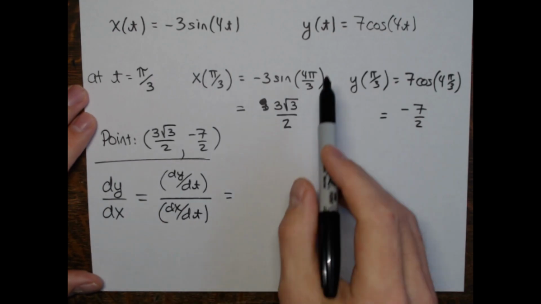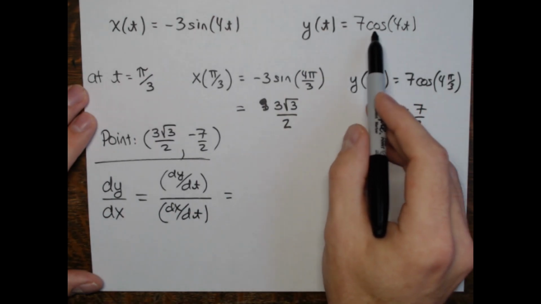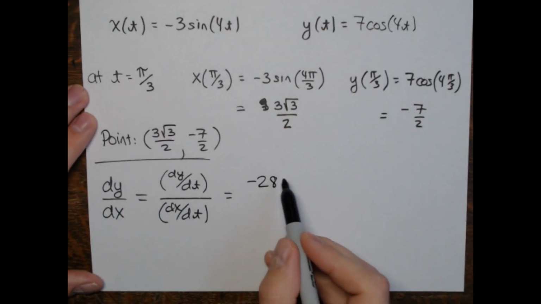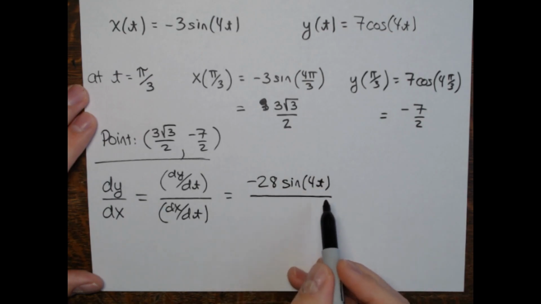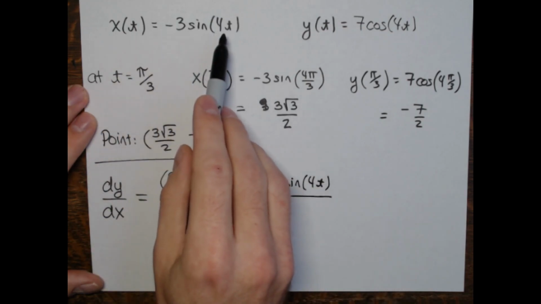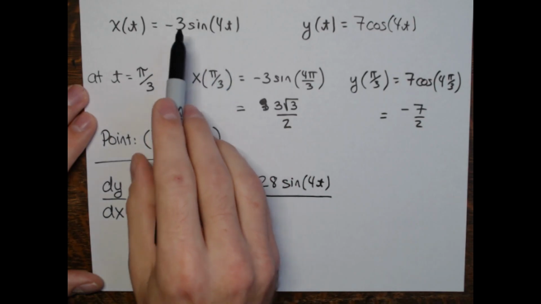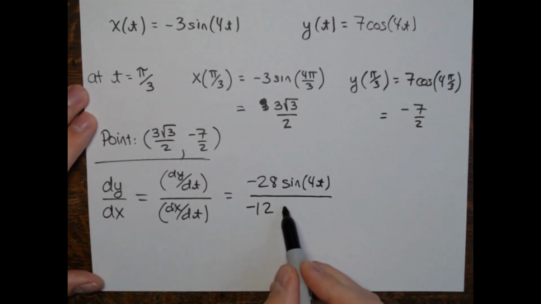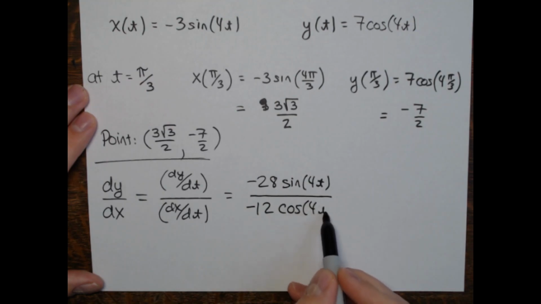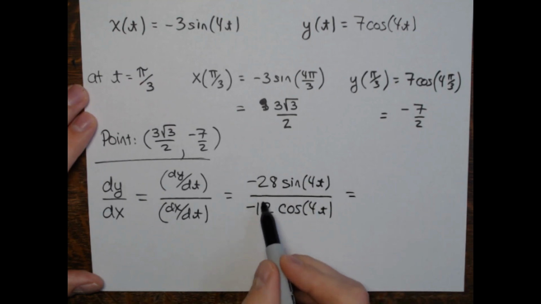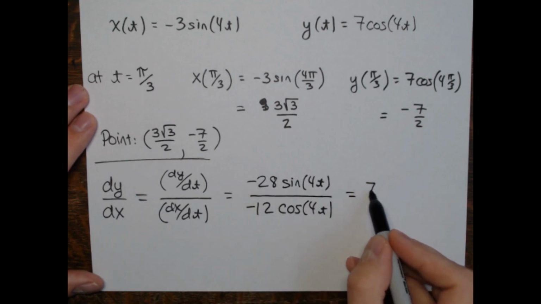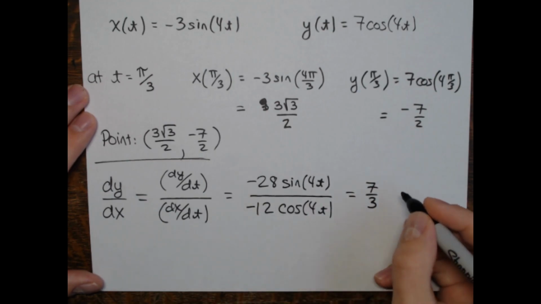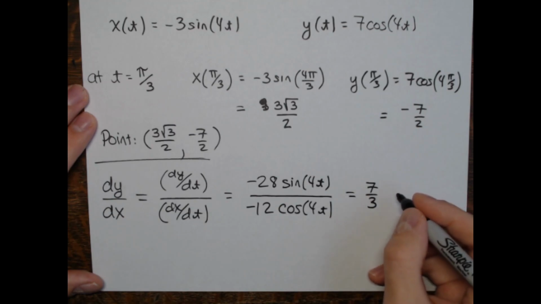So dy dt is negative 28 sine of 4t, divided by dx dt, which is negative 12 cosine 4t, which after simplifying would be positive. That's 4 times 7, 4 times 3, positive 7/3 tangent of 4t.